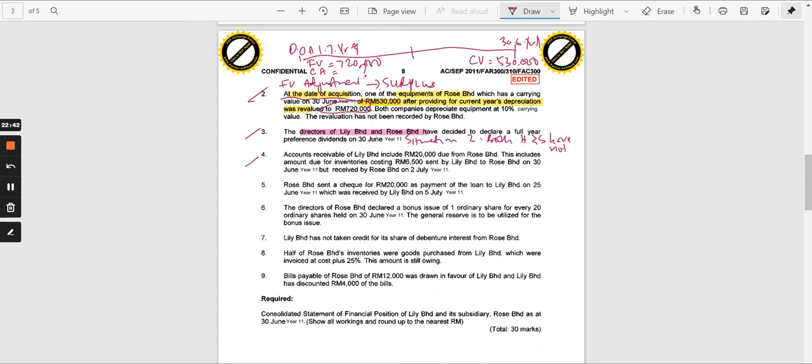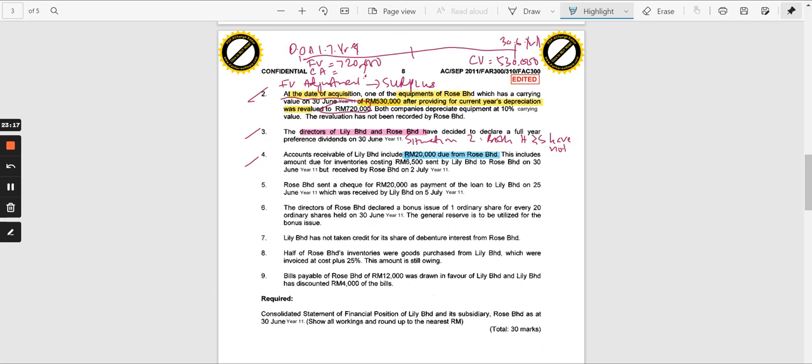Number 4 is on intercompany accounts receivable balances, where you are informed that it includes some amount due from the group members. So the amount due from group members, if you look here, RM 20,000 are due from Rose, and that is an intercompany transaction because the sale of goods is between group members. You are informed the amount due for inventories costing 6,500 was sent by Lily. Lily is the seller, Rose is the buyer.